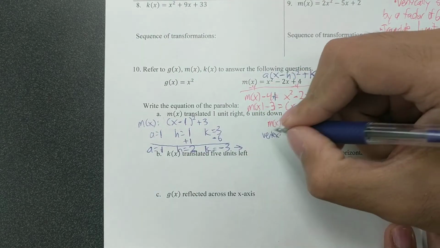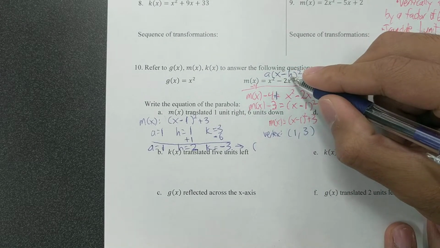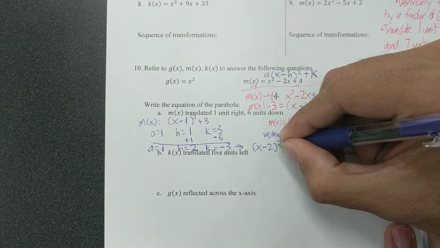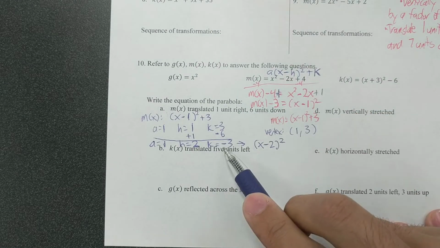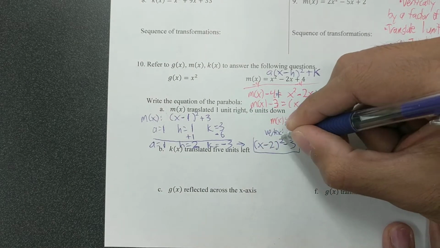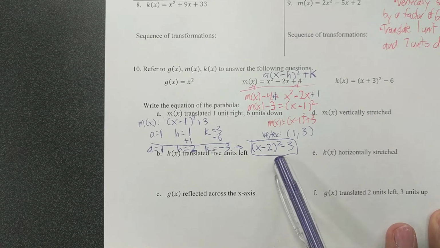So a is still 1, so I don't need to write that. x minus h becomes x minus 2 squared, and then plus k becomes plus negative 3 or minus 3. Okay, so there would be your answer to part A.